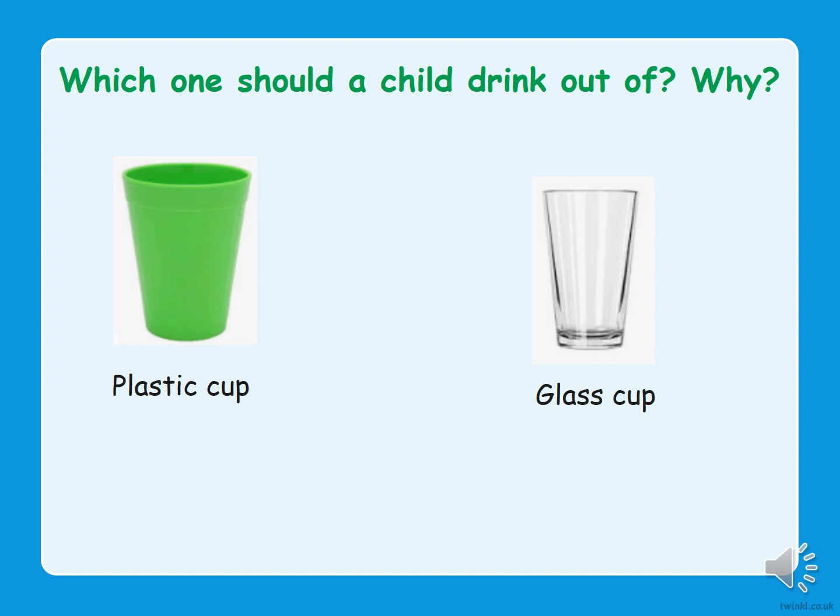It is not a fragile material compared to glass. Glass is extremely fragile. If you drop a glass cup on the floor, it will smash. So that's why it should be recommended that a child drinks out of a plastic cup compared to a glass cup.